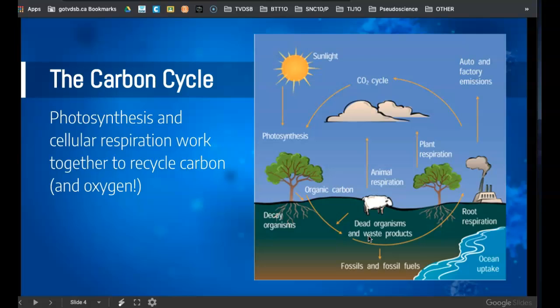All right. The first major element that we're going to talk about as a cycle is the carbon cycle.